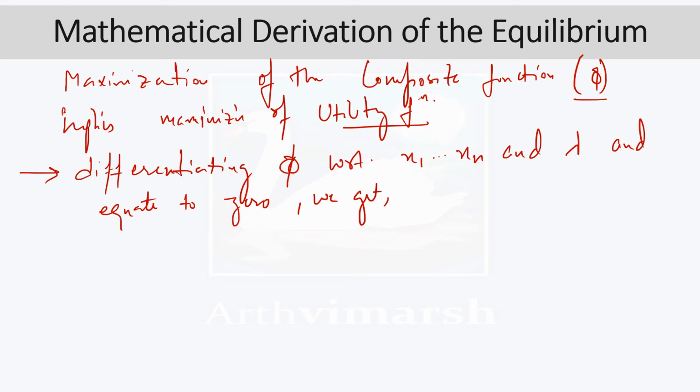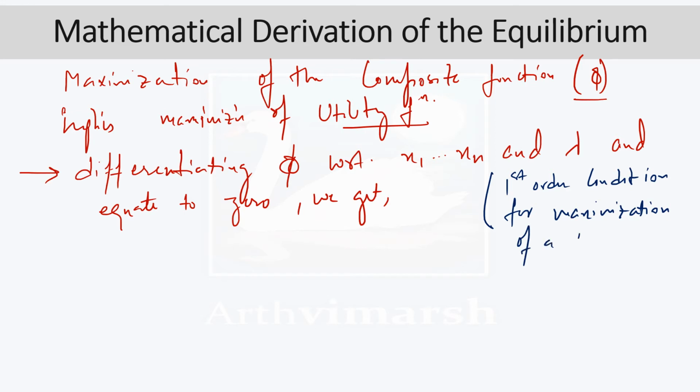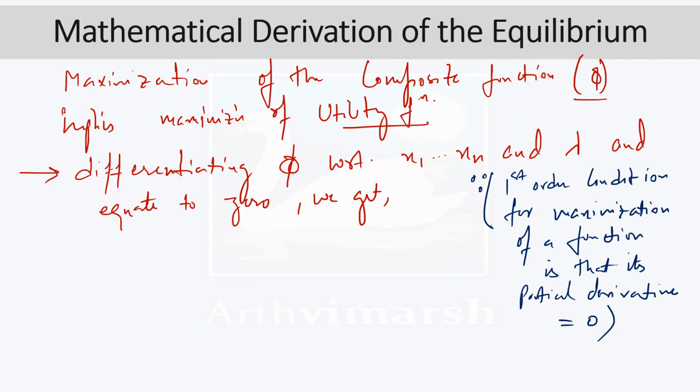Why are we doing this? Remember that it's the general rule of differentiation that the first order condition for maximization of a function is that its partial derivative is equal to 0. This is the reason for this.